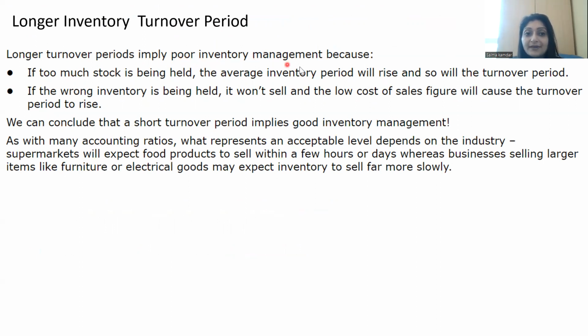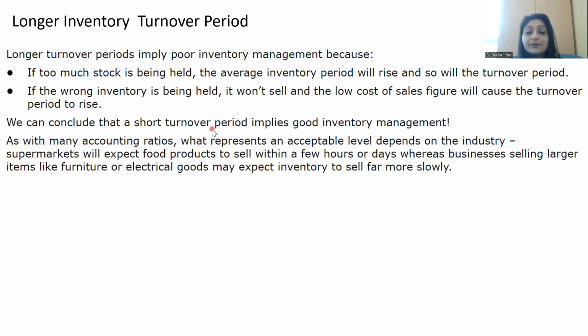Why do you have poor inventory management? Because too much stock is held. Average inventory period is a lot. Turnover period is more. Or maybe you are holding wrong inventory that is not selling. Okay, these are the reasons which lead to poor inventory management.